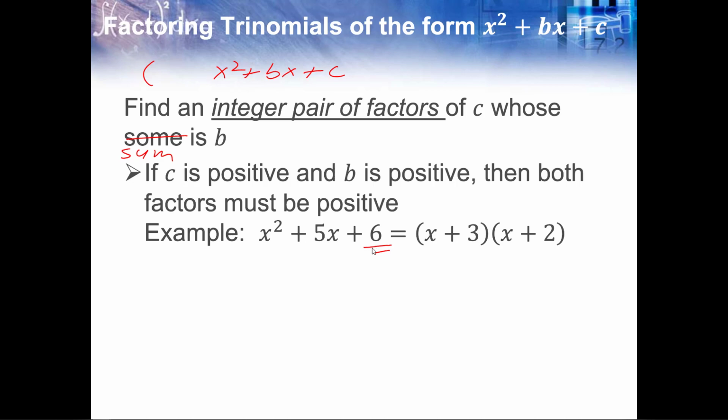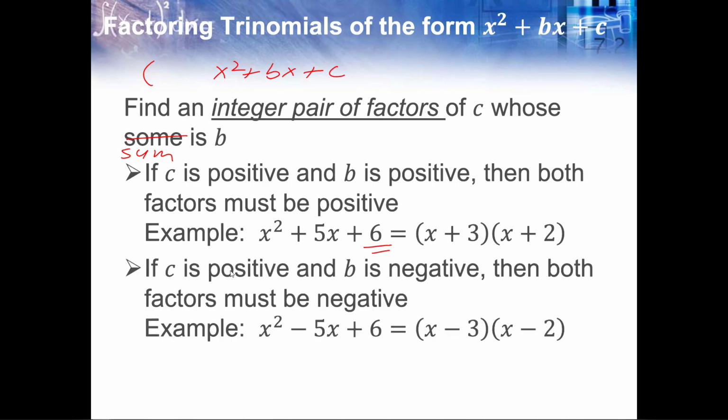If c is equal to 6, then our factors are going to be positive, and they need to sum to 5. Factors of 6 that sum to 5 are 2 and 3. If c is positive and b is negative, then both of the factors must be negative, because minus 3 plus minus 2 is equal to minus 5.